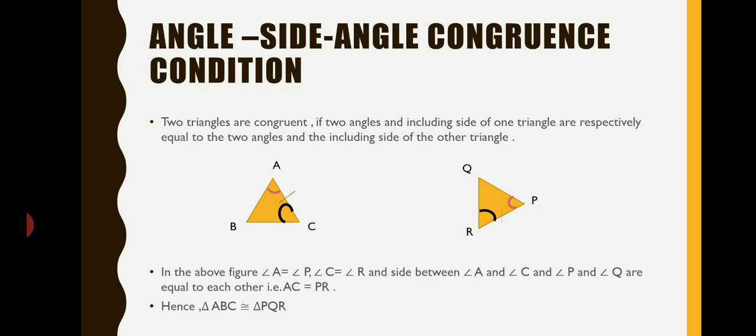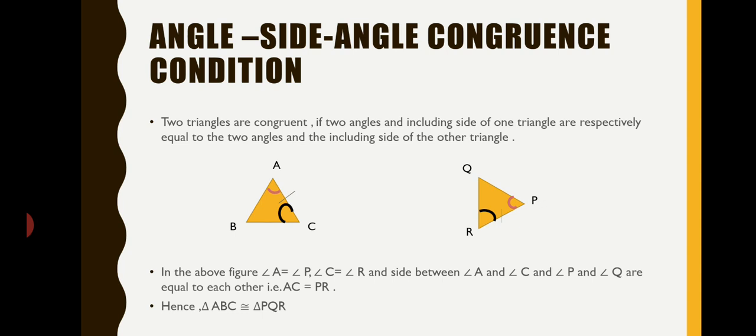Here, AC is equal to PR, angle A is equal to angle P, and angle C is equal to angle R. So two angles are equal and the side between them is also equal. That's why it is the angle side angle congruency condition, and triangle ABC is congruent to triangle PQR.